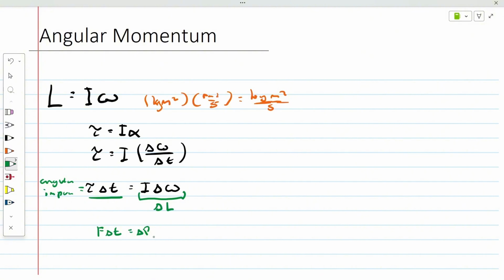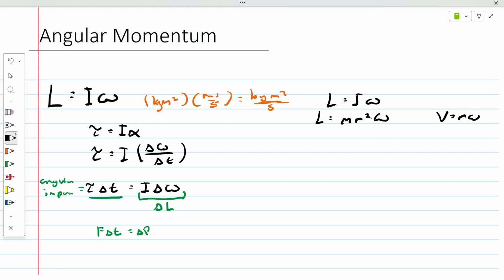And so let's see how we can represent angular momentum in another way from this. We can start from this equation. So we have, let's say, L equals I omega. And so we know that I just equals m r squared, times the omega. And we also know that the velocity equals r times omega.